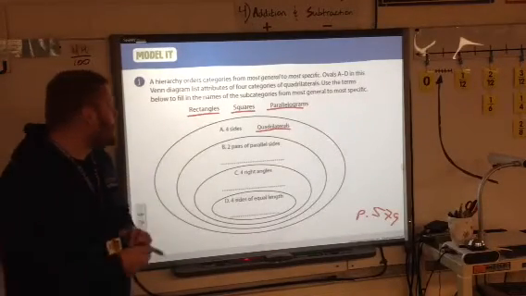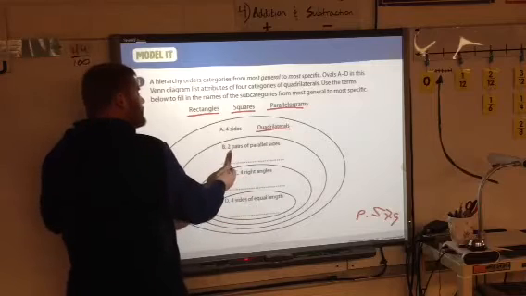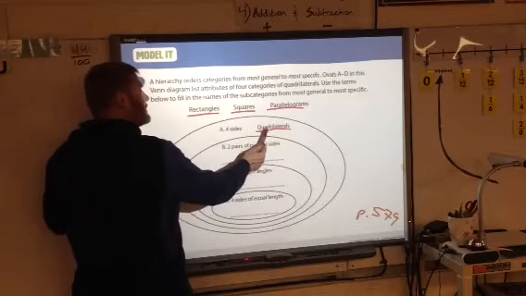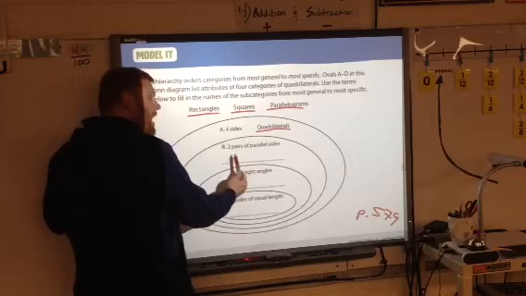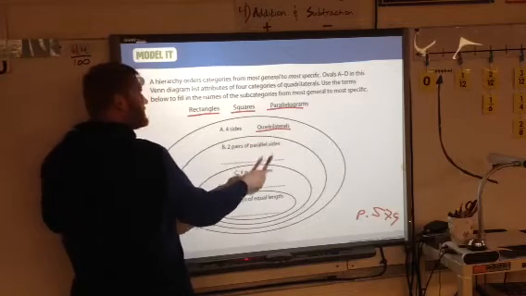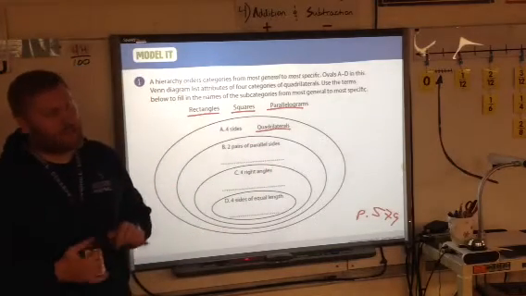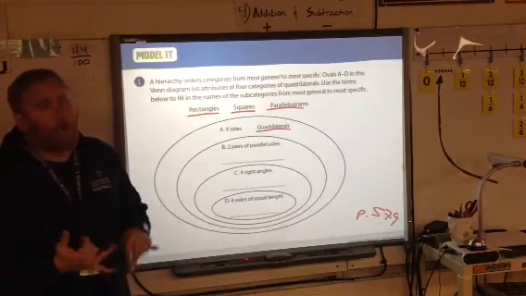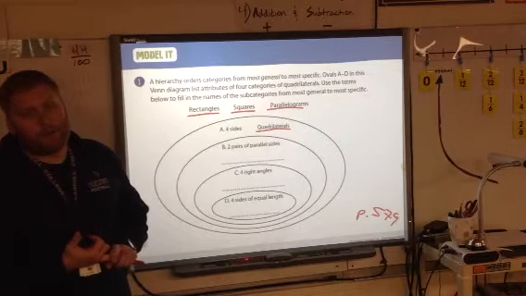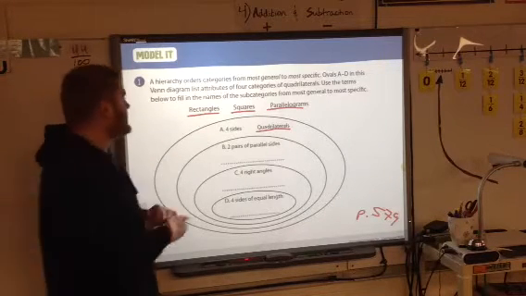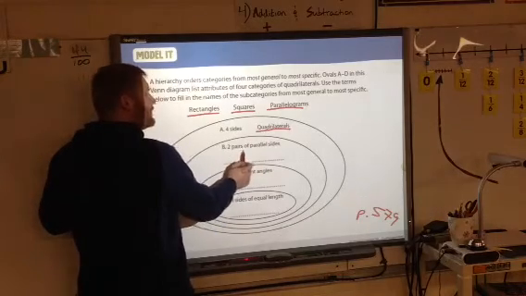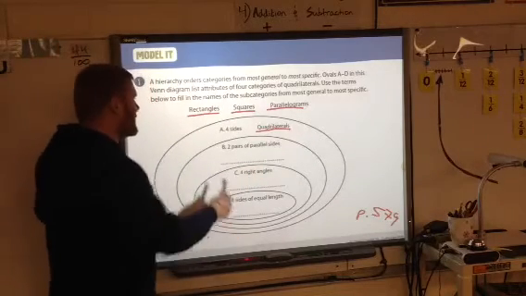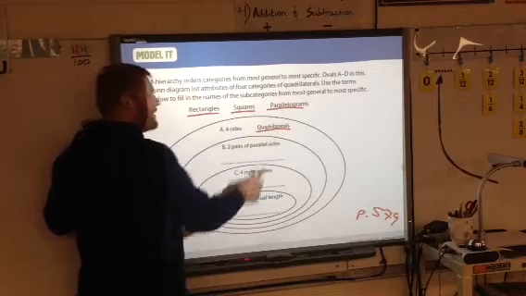That's the most general. Now, the more specific one: we're looking for something that has four sides as well as two sets of parallel sides. It doesn't have to have right angles, or all sides of equal length. It just needs to be four-sided, with two sets of parallel sides. Looking up here, we have rectangles, squares, and parallelograms.